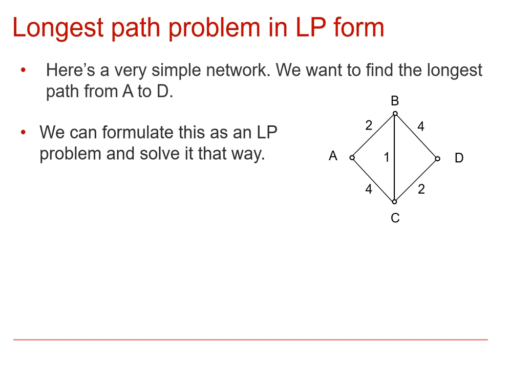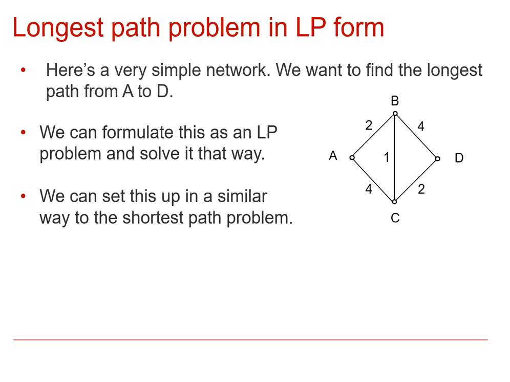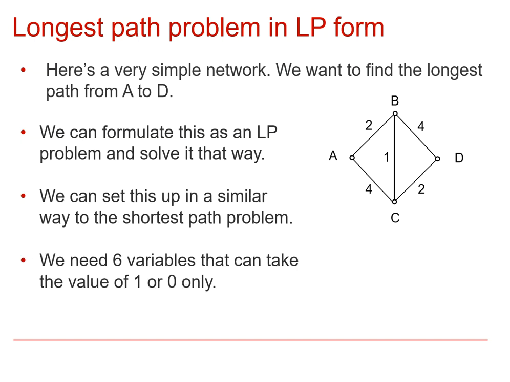Now we can formulate this as a linear programming problem in a very similar way to what we did with the shortest path. So we're going to need 6 variables, one for each arc and direction that we can realistically imagine needing.